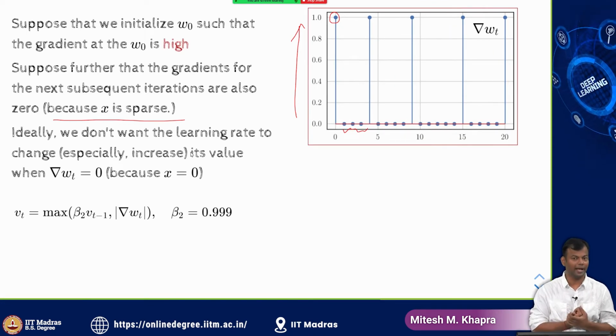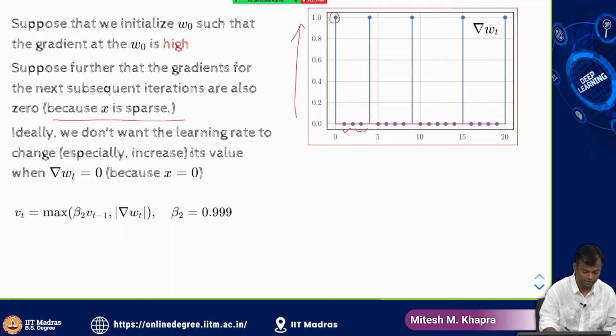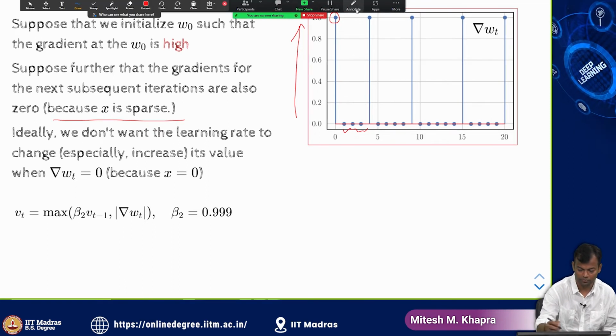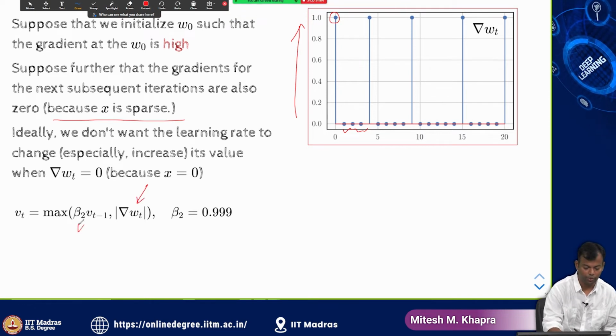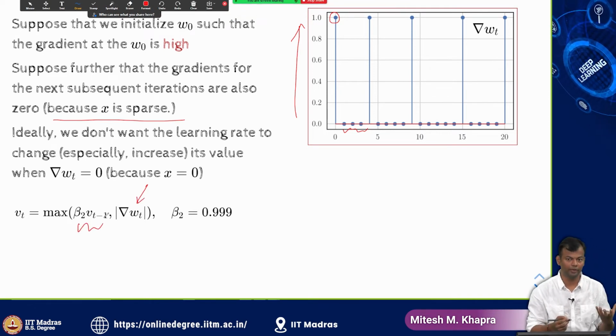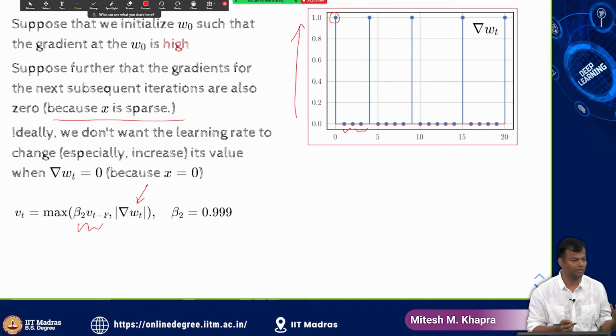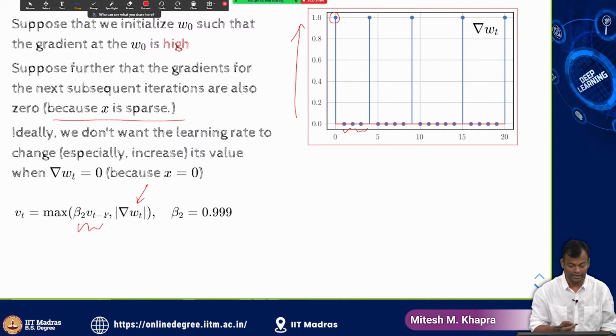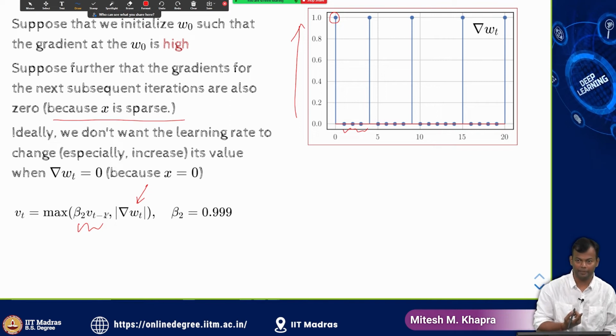Since you're using the max, your current gradient is 0, so you're just going to go by the max value so far, and hence the history is not going to change. So that is what happens in the case of max.